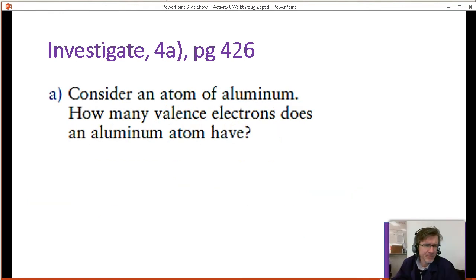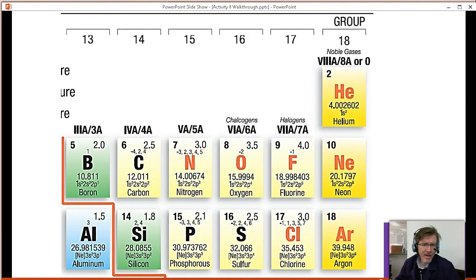Just relax. 4a. Consider an atom of aluminum. How many valence electrons does an aluminum atom have? Well, let's see. Where is aluminum? There it is. Aluminum is over here. It's in group 13. The electron configuration ends in 3s2, 3p1.